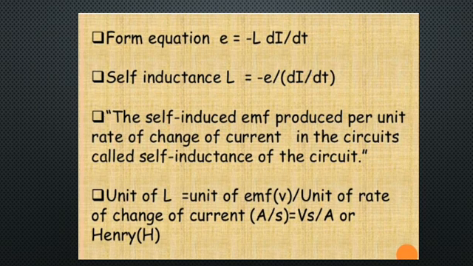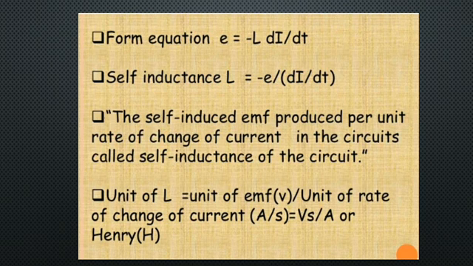The unit of L is the unit of EMF per unit rate of change of current, therefore Vs divided by A, or otherwise the unit of self-induction is Henry. So commonly we use the unit of self-induction as Henry.